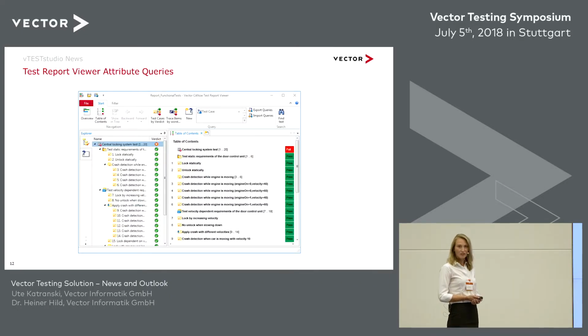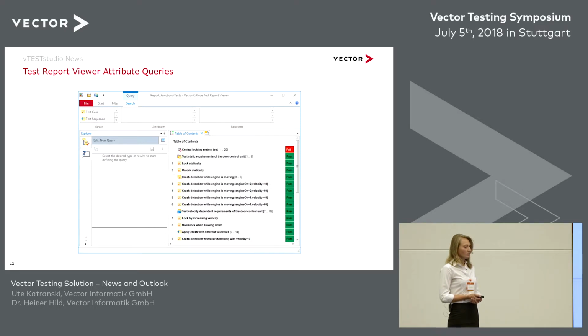We have seen the attributes that we have defined for the test cases. Based on the attributes in the report for certain test cases, we want to find them again, saying show me the test cases that haven't been reviewed. I will leave them out, and now if you define your query, then you can say show me all test cases, and then now immediately I can query my attributes.